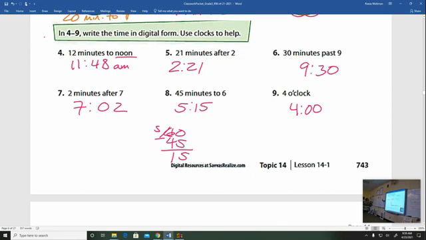Skip count. 5, 10, 15, 20, 25, 30, 35, 40, 45, 50, 55, and then now we have to add something to it because it's past 55, right? So it's 10, 50. What is it, Tom? Guys, do not tell him. About 10:57. That is correct.